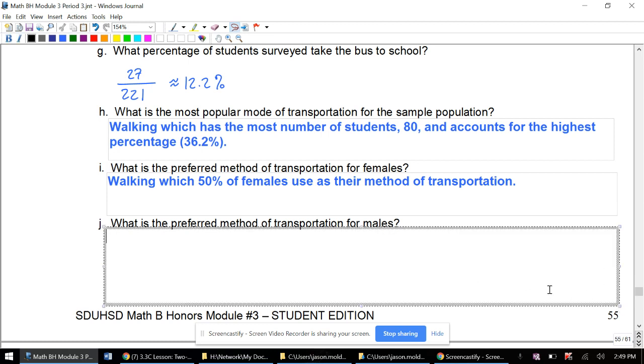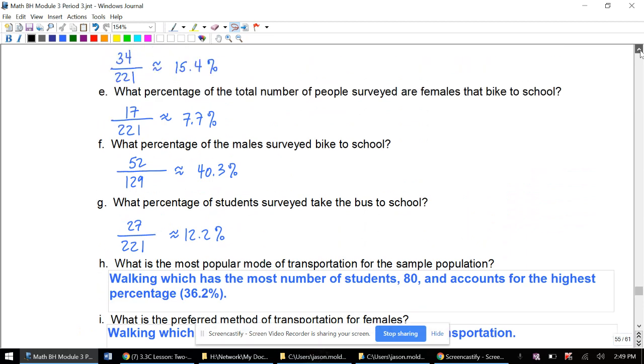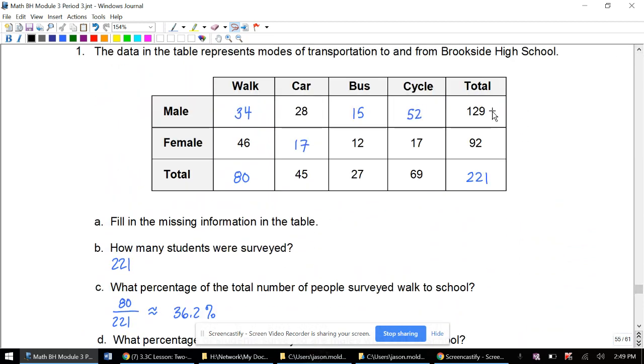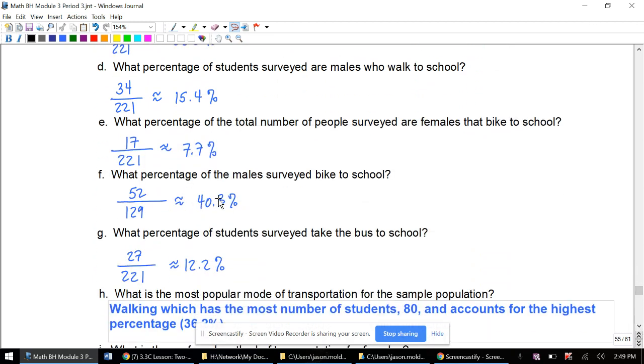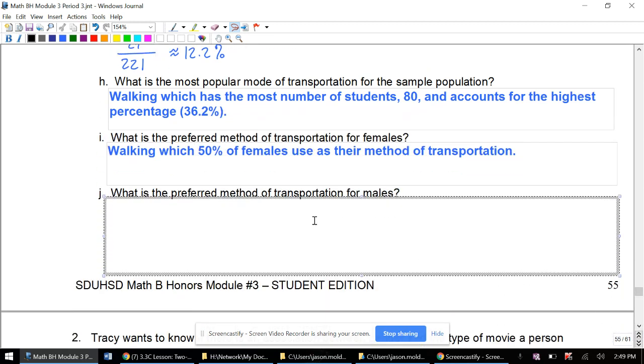What is the preferred method of transportation for males? And we have 52 students that are males and cycle, and 52 out of 129, we did do that one, was about 40%.